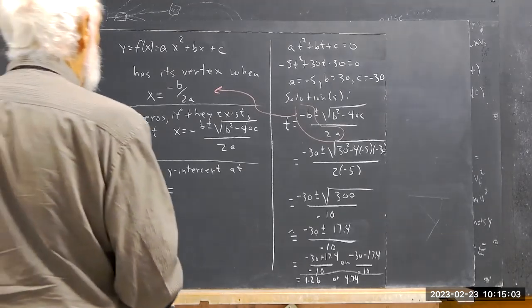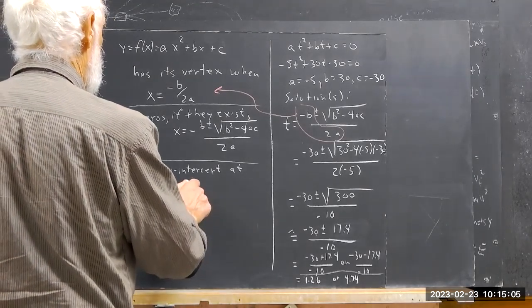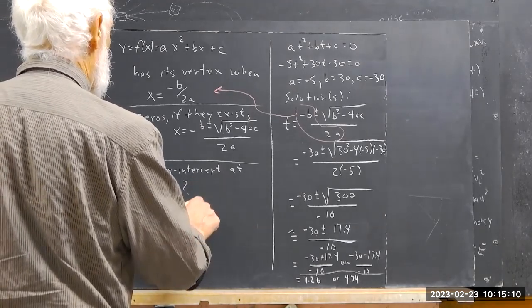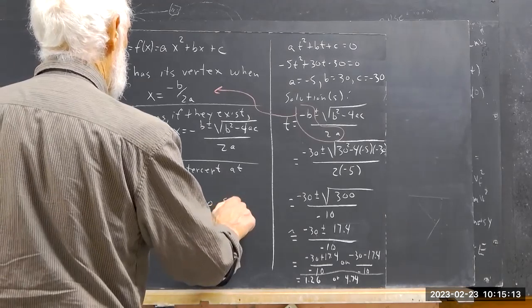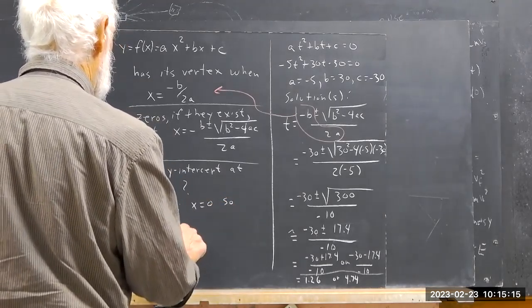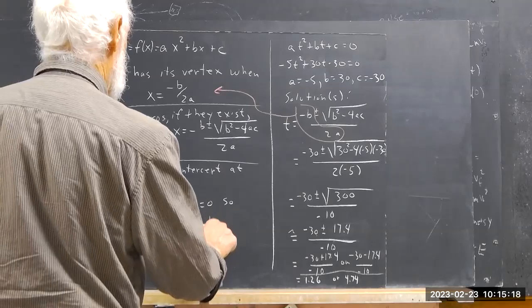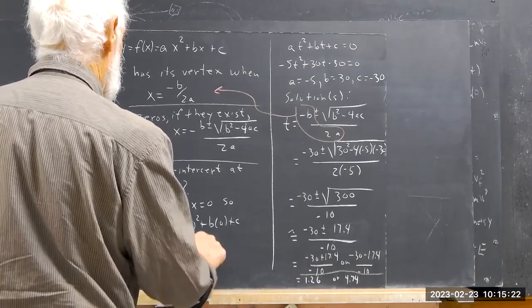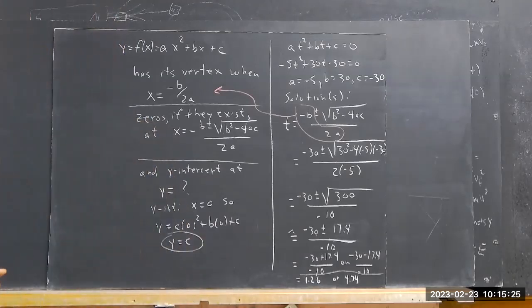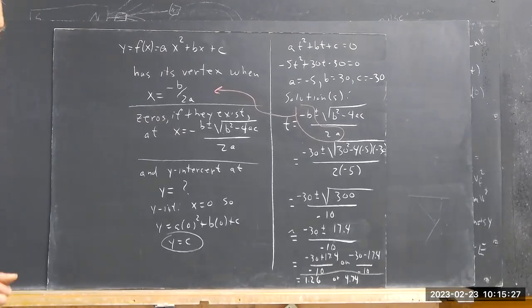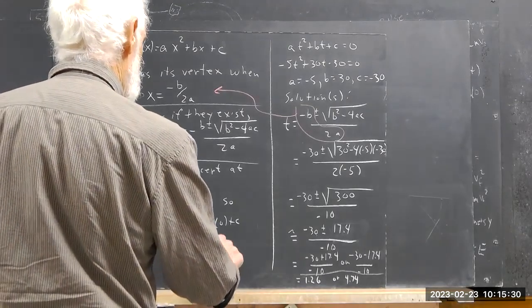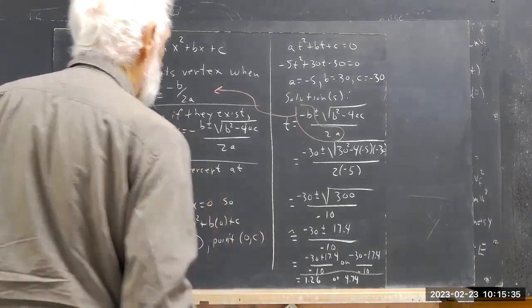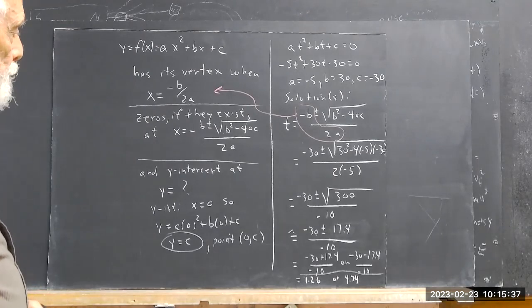So the y-intercept occurs at y equals C. The point is (0, C).